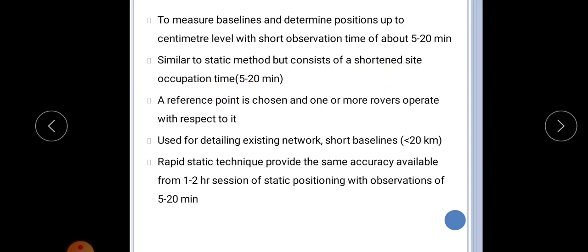and used for detailed existing network or short baseline, that is for less than 20 kilometer distance we are using this method. And the rapid static technique provides the same accuracy available from 1 to 2 hours session of static positioning with observations of 5 to 20 minutes. That is, the accuracy is same as our previous one, but here observation time is very low.